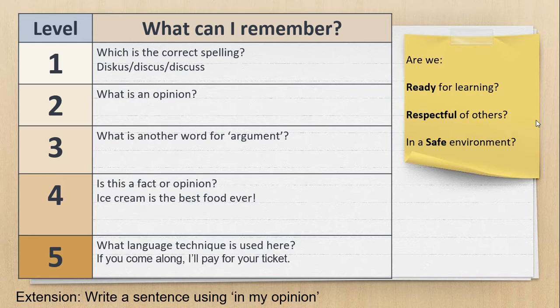Question number 3. So another word for argument. Argument does have sort of more than one context. So if we think of argument as a fight or some kind of conflict, we might use words like disagreement, bicker or bickering, things like debate also spring to mind.